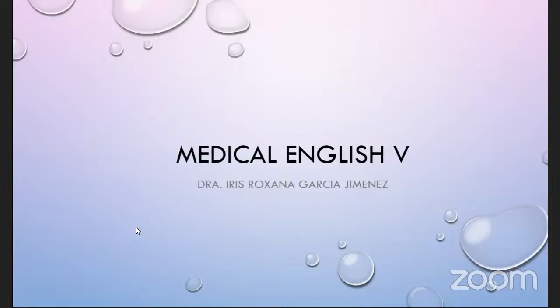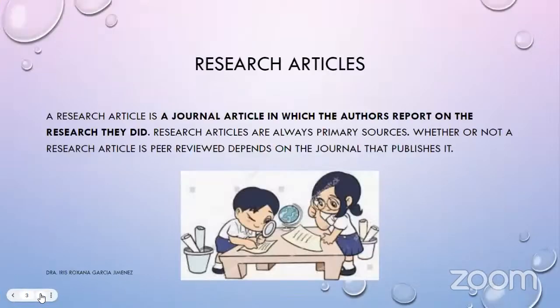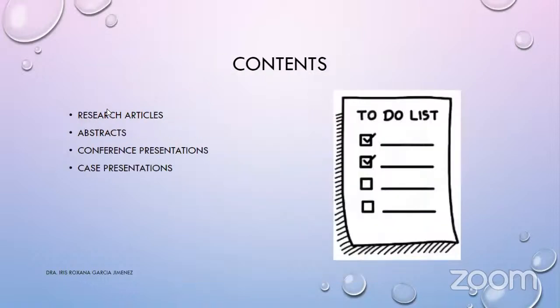In this theoretical class, we are going to check ways to read and understand all the parts of research articles, abstracts, how they are done, I mean, their structure, how to show conference presentations, and how to show case presentations, how to prepare slides. It's a very fast view with the most important details and using, of course, abbreviations.